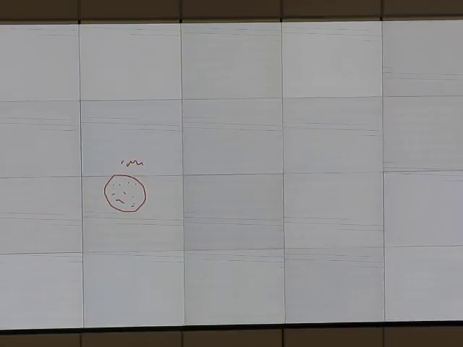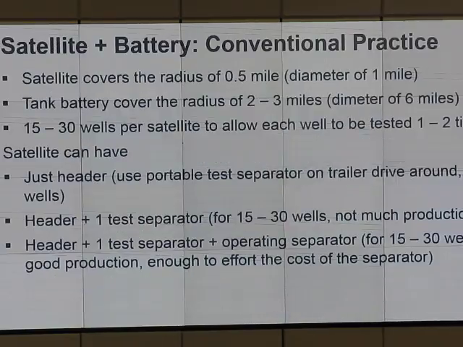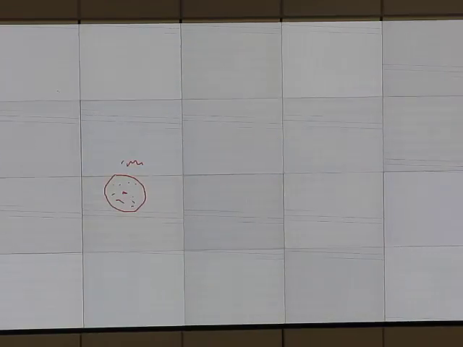So you will have a satellite with a diameter of about 1 mile, and inside you have 16 wells. They connect to the satellite, and you have the tank battery. The tank battery should cover a diameter of 4 to 6 miles.